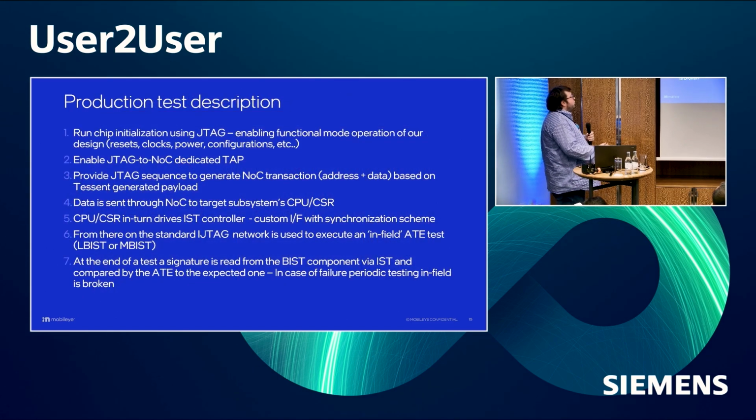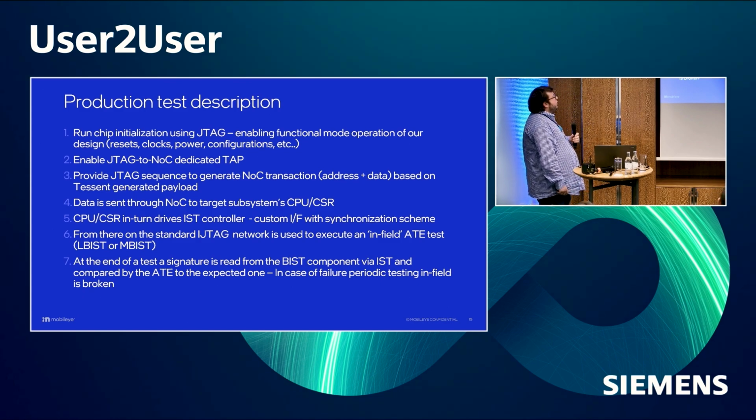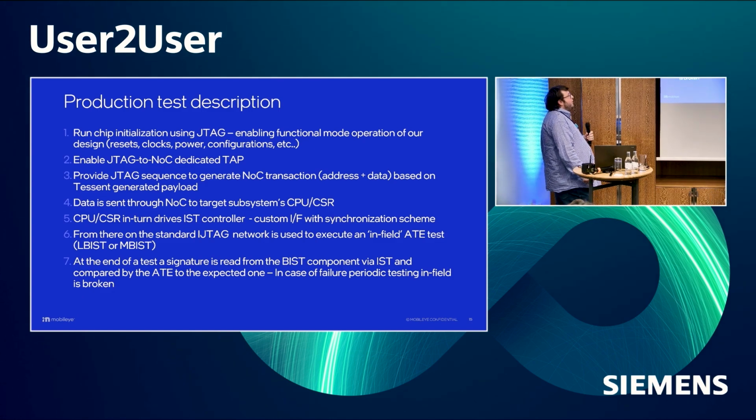To run the whole test, just exercising the BIST component is not enough, right? First we need to initialize our chip in functional mode, so it operates as close as possible to our in-field testing.